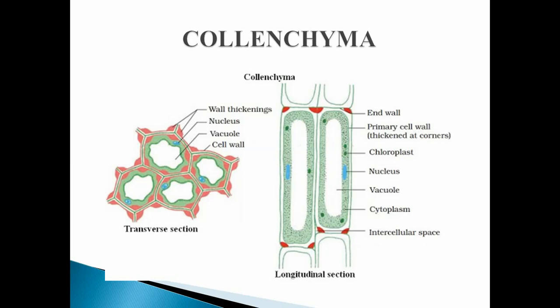The cell wall is thickened at the corners, yes, you can see clearly in the picture. There is very little intercellular space in this tissue. It allows easy bending in various parts of a plant like the leaf and stem without breaking. We find this tissue in leaf stalks and below the epidermis of stems.